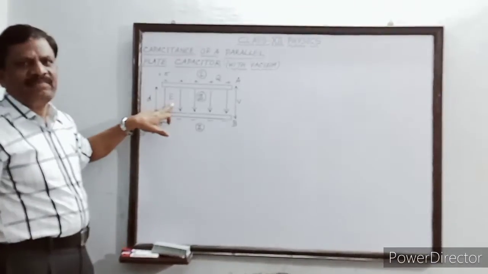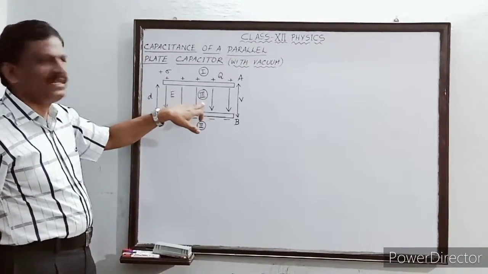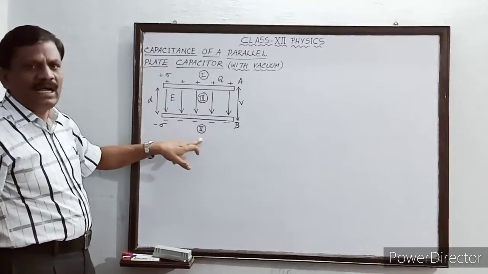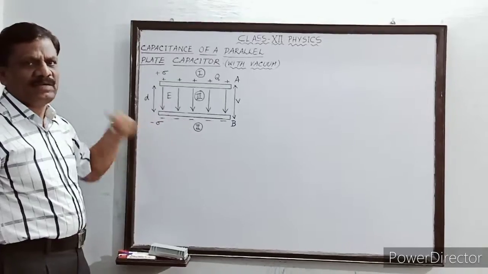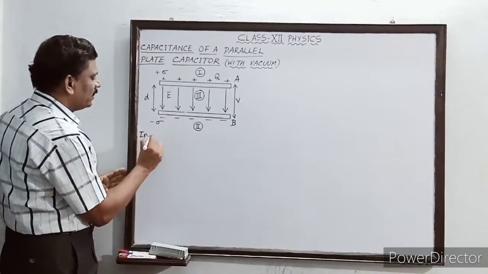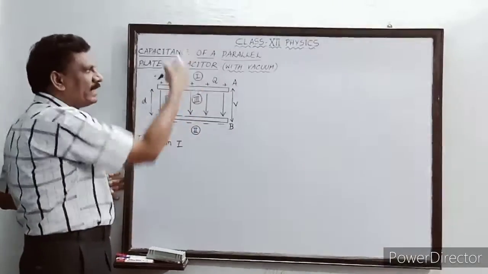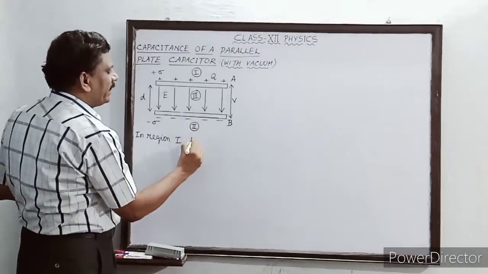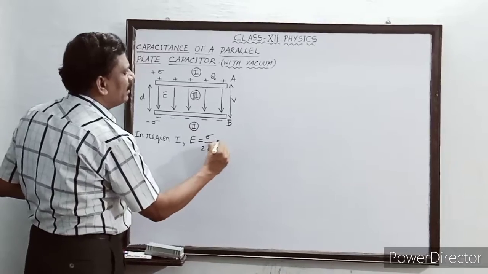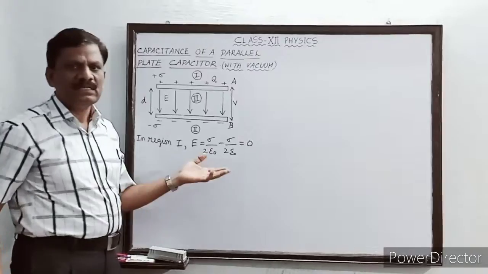Now there is an electric field in the region between the two plates, that is region 3, and there is no electric field in region 1 and region 2. This is a consequence of Gauss's law. From Gauss's law, in region 1, which is outside the plates, the electric field is equal to sigma by 2 epsilon naught minus sigma by 2 epsilon naught, and that is equal to 0.